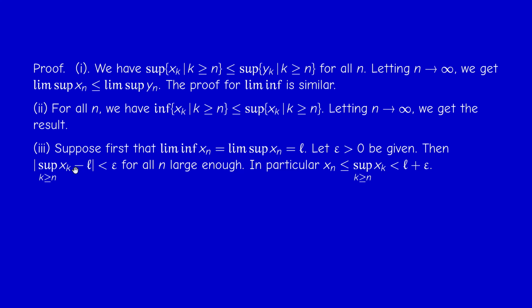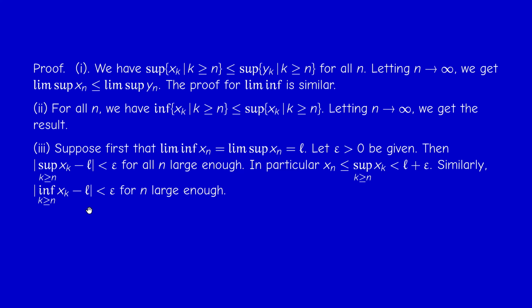I don't need the full strength of this inequality. I just need half of it, because this is a double inequality. Now, we do the same thing with the liminf. If the liminf is L, it means that the sequence Zn converges to L, keeping the same notation. The sequence Zn is just inf of xk, k bigger or equal than n.